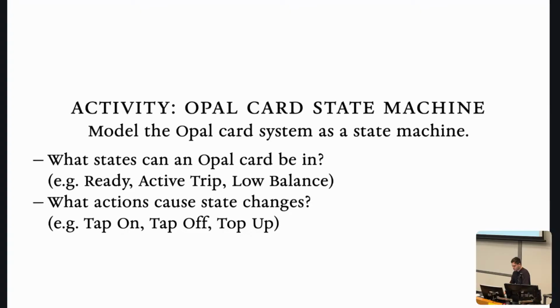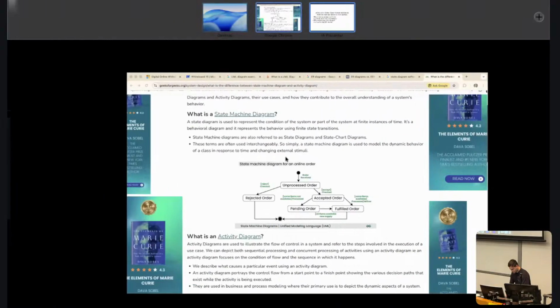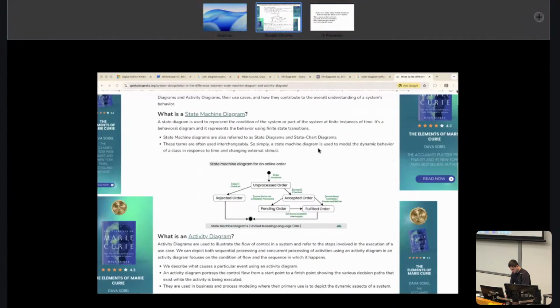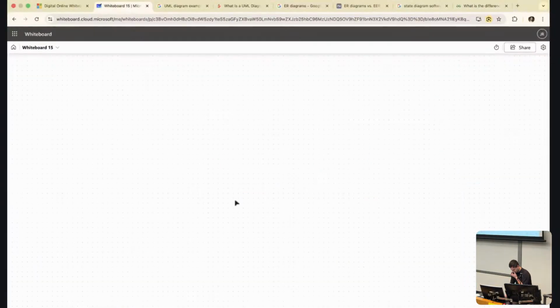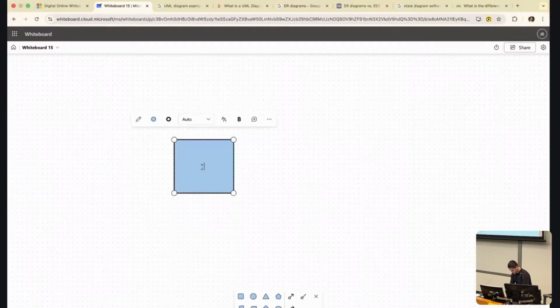So there's the card itself and then the overall system. So maybe we can use the whiteboard here. So we can probably just do something like this.